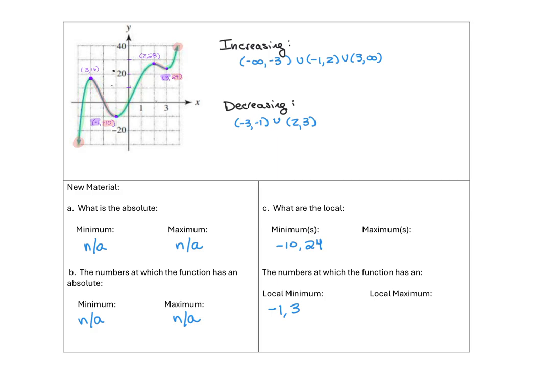Okay, the next thing we want is our local maximums. Again, a local maximum is where we're going up and then turning around and going back down. When we want to know what are they, we have a local maximum of 16, and we also have a local maximum of 28.